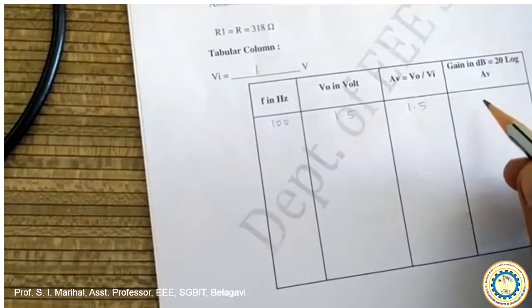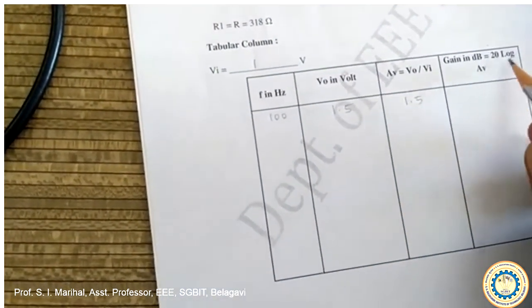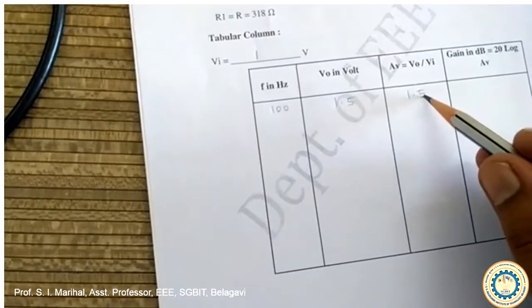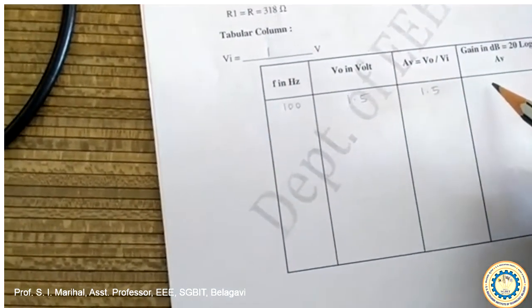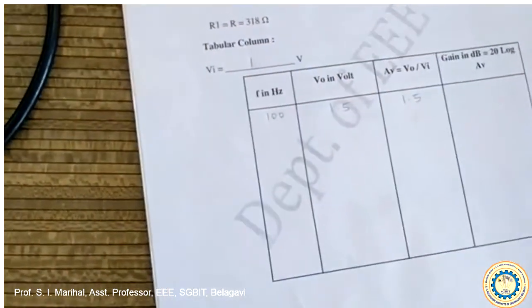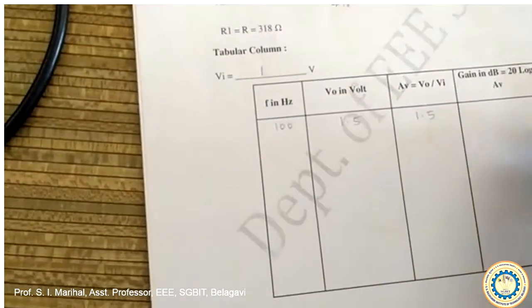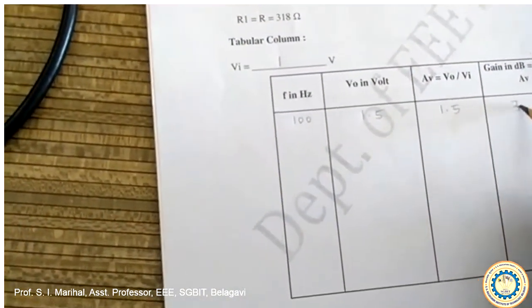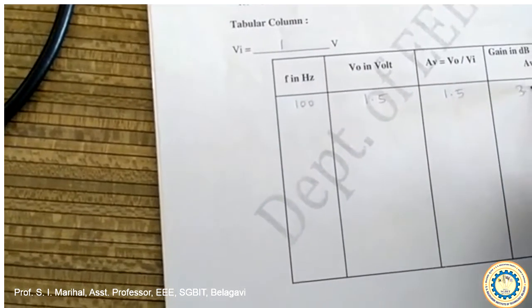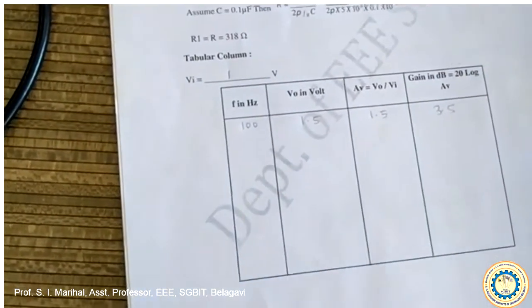And we can even find out the gain in dB as 20 log of this gain, which will give the gain in terms of dB. That we are going to get as 3.5 dB.